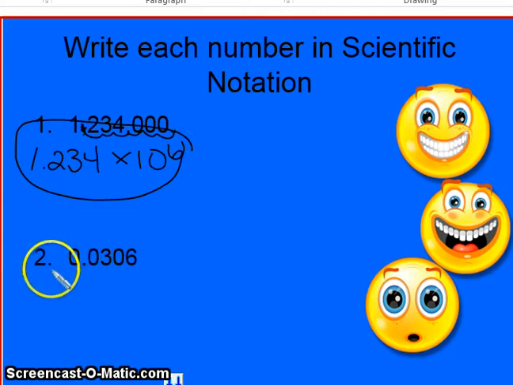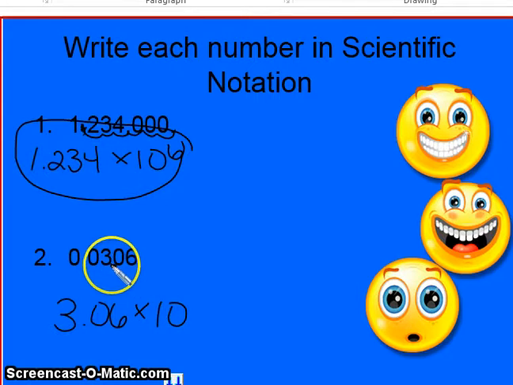Now in example number 2, this number is actually smaller than a number between 1 and 10. I need to find a point where I can put a decimal point that will make this number between 1 and 10. So if I move it right here, still smaller than 1. But if I move it right here, I have 3.06. That's my A. That's my number that's between 1 and 10, 3.06. Now to get it back to my original number, I'm going to have to multiply it by a power of 10.